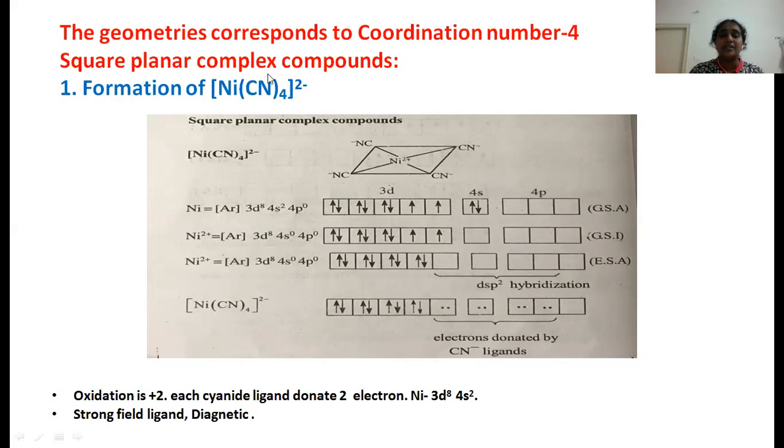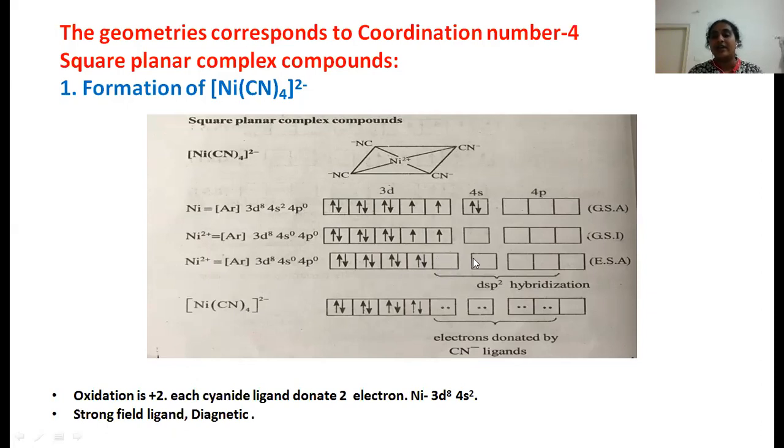Whenever ligands come closer to the metal, nickel, the cyanide is a strong ligand. Cyanides are very strong ligands. In the presence of strong field ligands, the electrons undergo pairing, and this d orbital becomes empty.